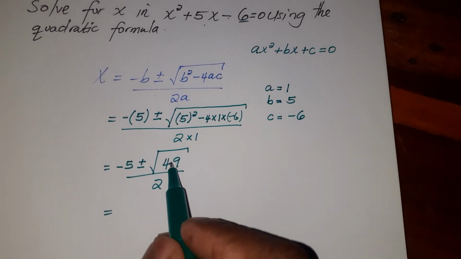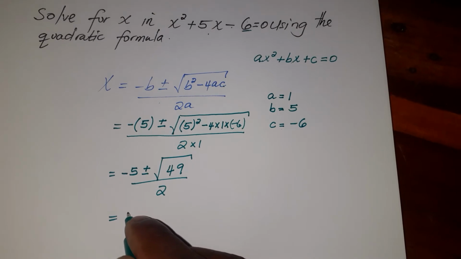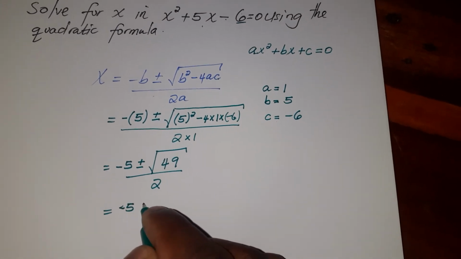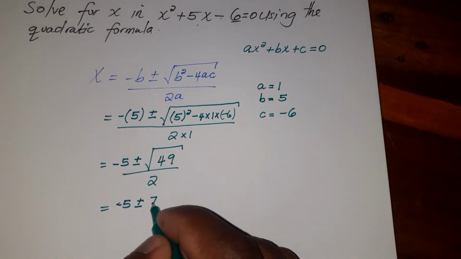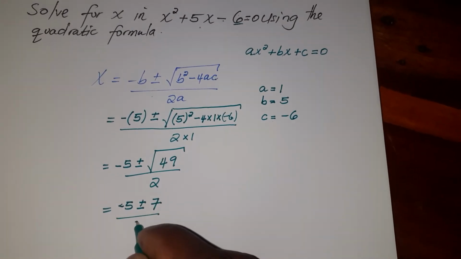Now we know the square root of 49. Let us write this negative 5 plus minus the square root of 49. We know it is 7. Therefore everything over 2.